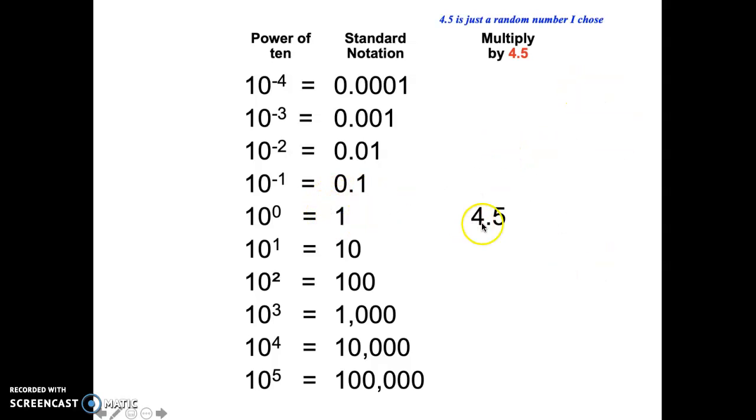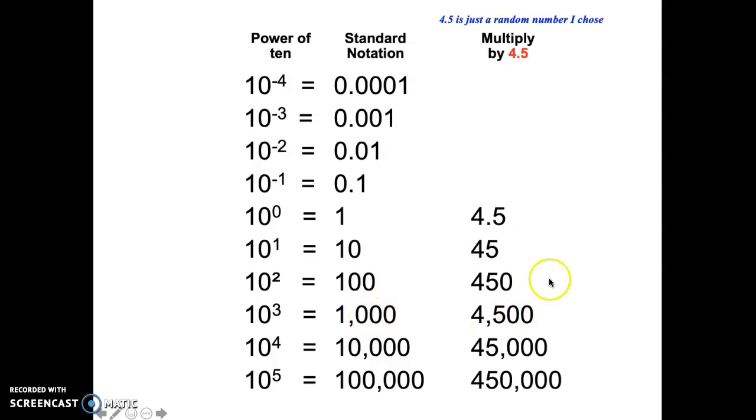So if I take 1 times 4.5, I get 4.5. If I take 10 times 4.5, I get 45. 100 times 4.5 is 450. 1,000 times 4.5, and you see the pattern here. My numbers are getting bigger and bigger.